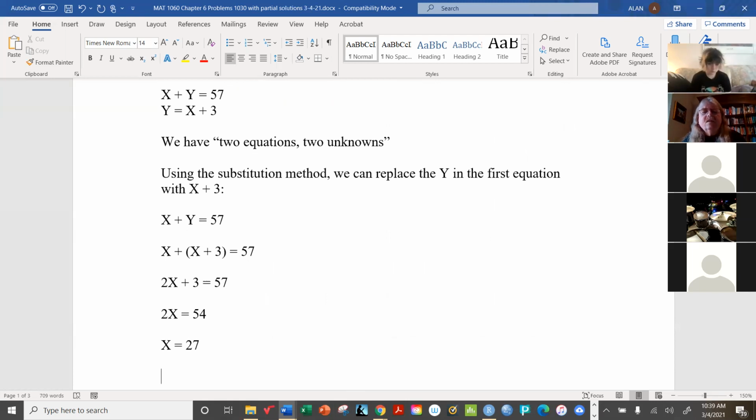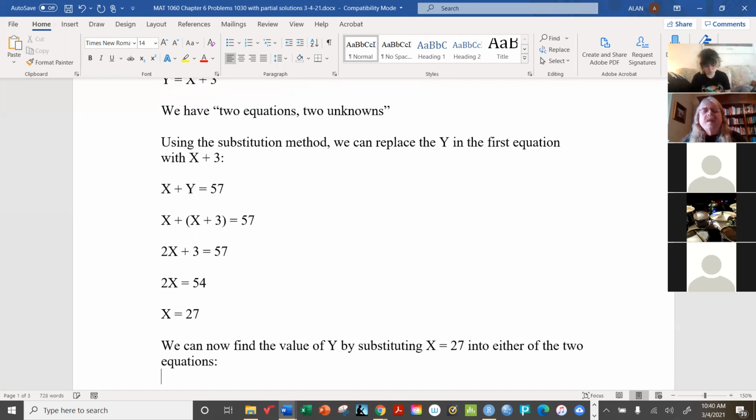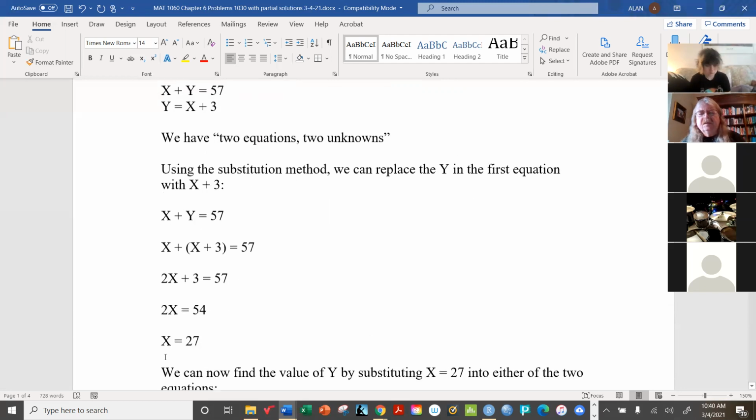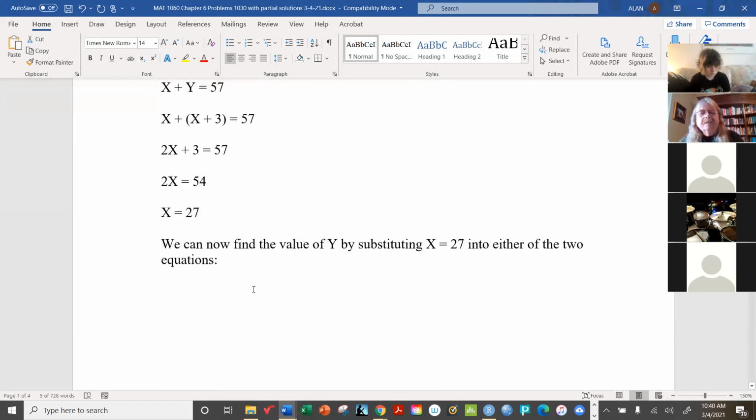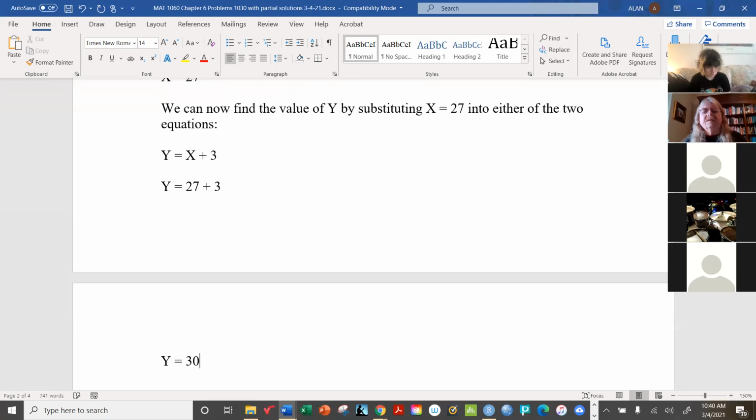And now that we know what X is, we can find the value of Y by substituting X equals 27 into either of the 2 equations. So let's pick the second, this one, because it's a little quicker. Y equals X plus 3, Y equals 27 plus 3, Y equals 30.